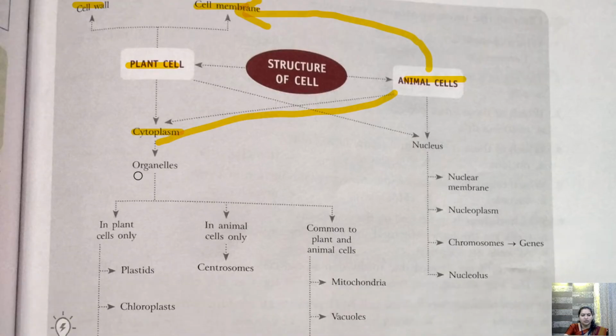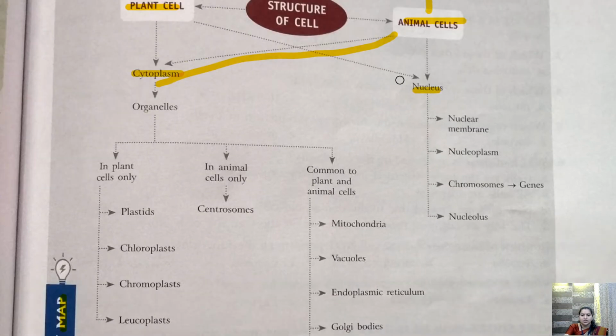Then if we talk about the organelles, so nucleus is present in both plant cell and animal cell. Nucleus has nuclear membrane that we have seen. We have seen nucleoplasm. It also contains chromosome. Chromosome contains gene. And in the center we have nucleolus.